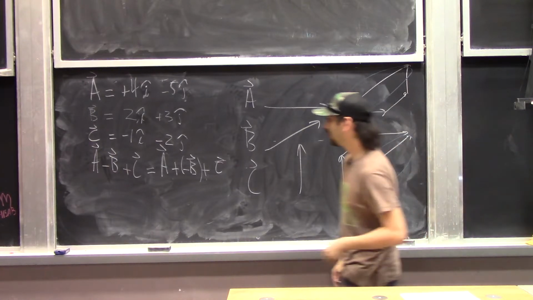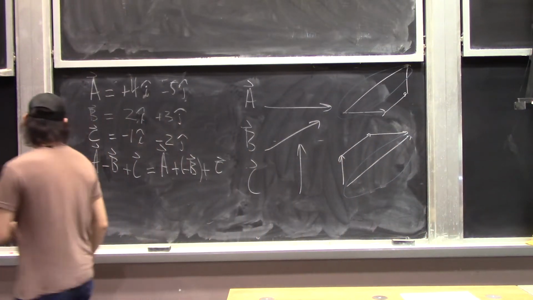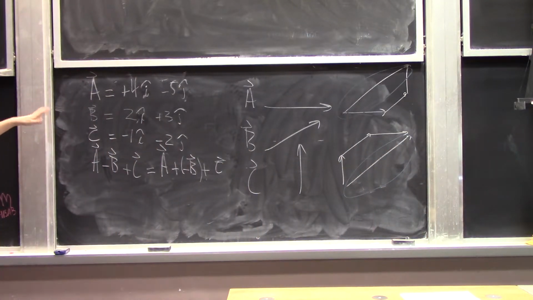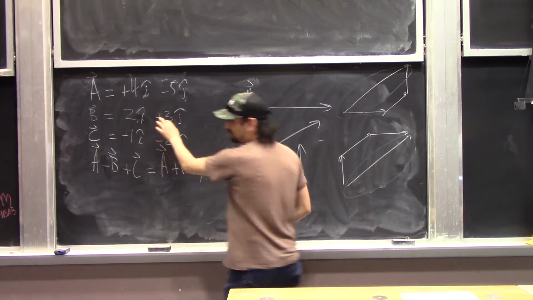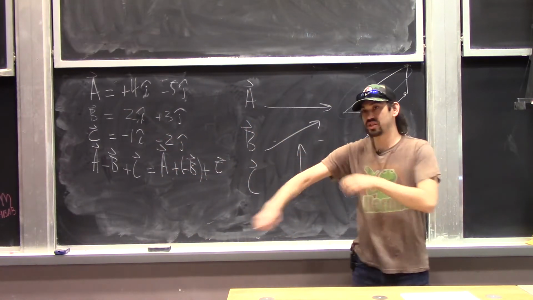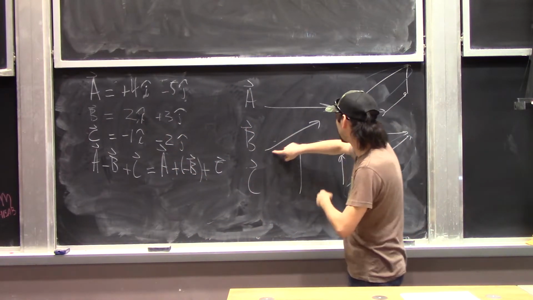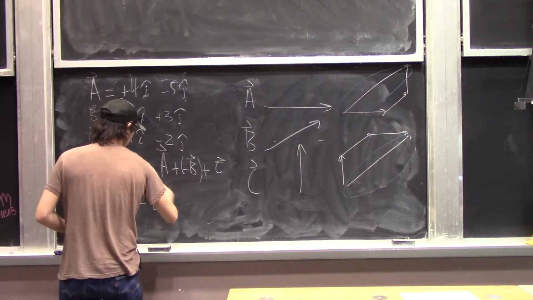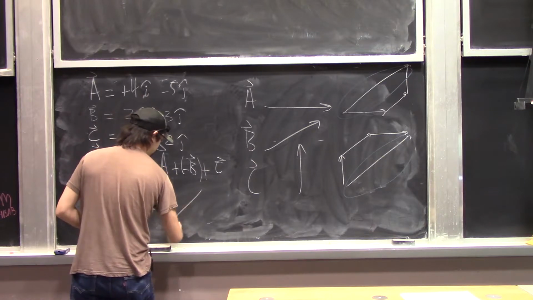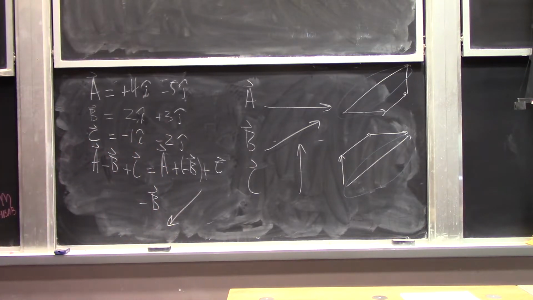Well, we can see algebraically if we come over here and multiply B by -1, right? So we multiply this whole thing by a negative sign. And so that makes this negative, it makes this negative. So it flips it. So if B was pointing like it is here, that would take minus B to look like this, okay? So that's what minus B looks like.